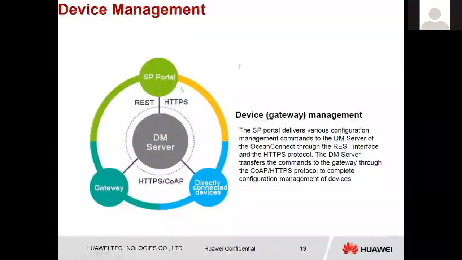Then this message is sent to our DM server, for example to make some configuration or to do an upgrade. Then our DM server sends this command and message to the gateway. The gateway transfers it to the devices, or it goes to the directly connected devices. This is the device management.